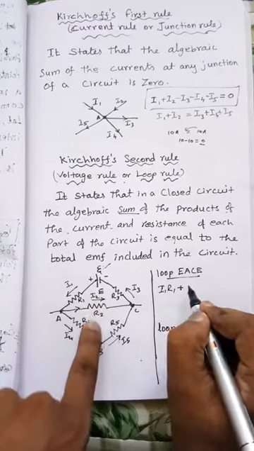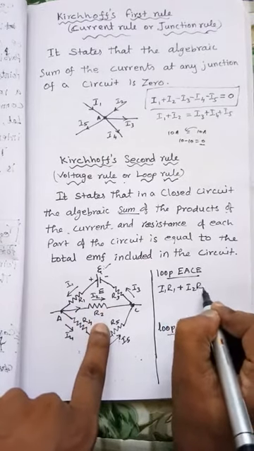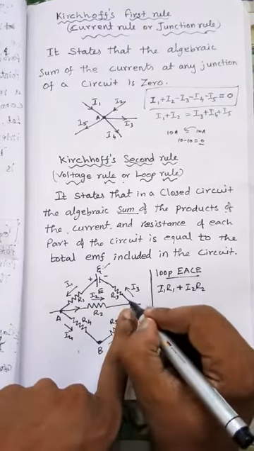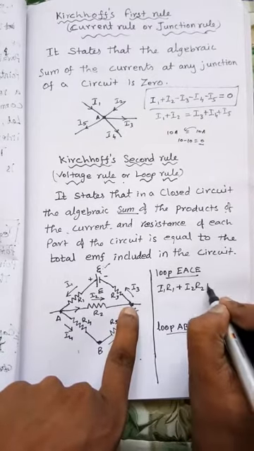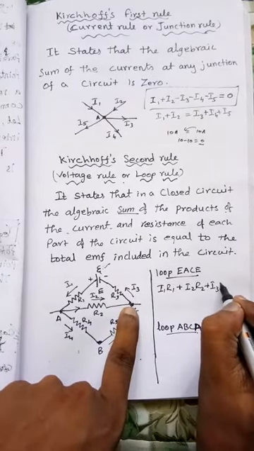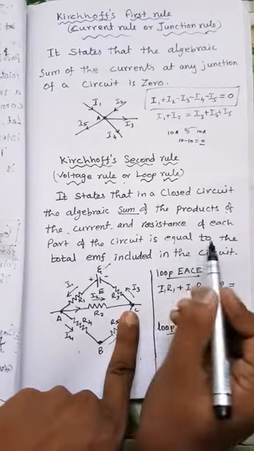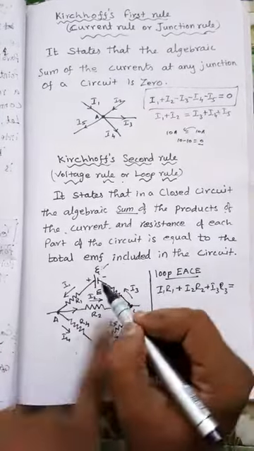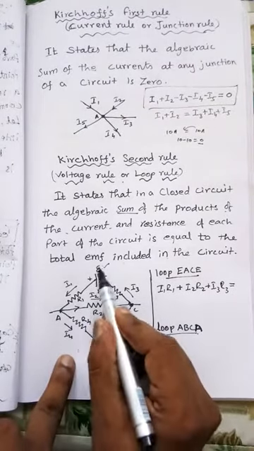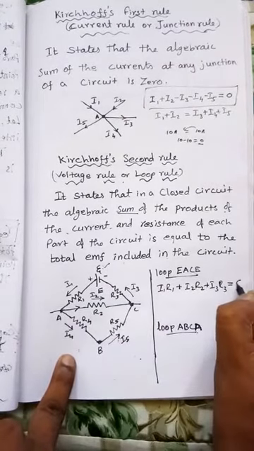Then I2 R2. Next the direction C to E, plus I3 R3, is equal to the total EMF included in the circuit. In this circuit only one EMF is there, that is E.